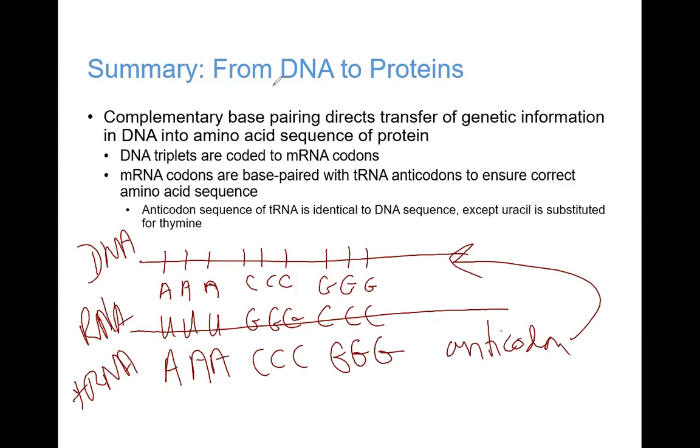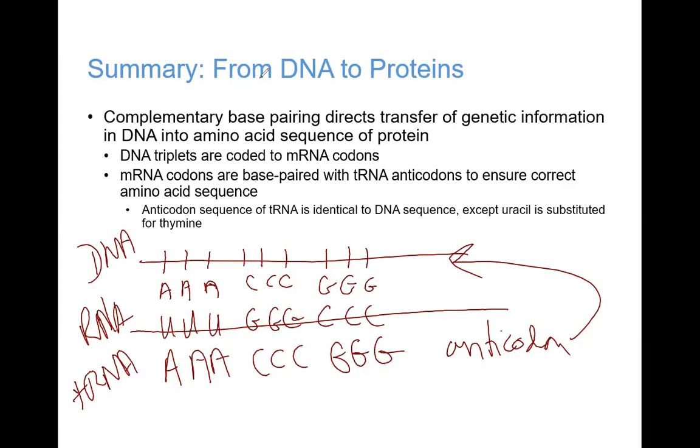So we make a complementary copy of the DNA, and then we make a complementary copy of the complement. The DNA to the RNA, RNA to the transfer RNA, because the anticodon sequence is exactly the same as the DNA sequence. So we're following the sequence specified in the DNA, but we have to do this double copying to get to that. We have to make everything complementary.